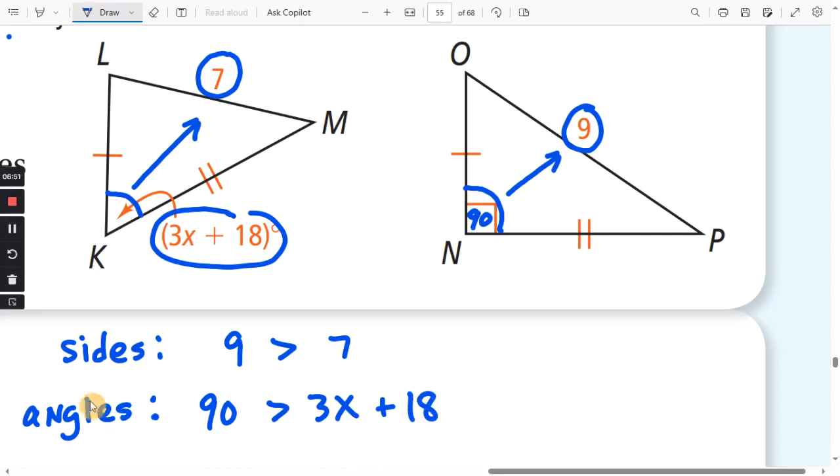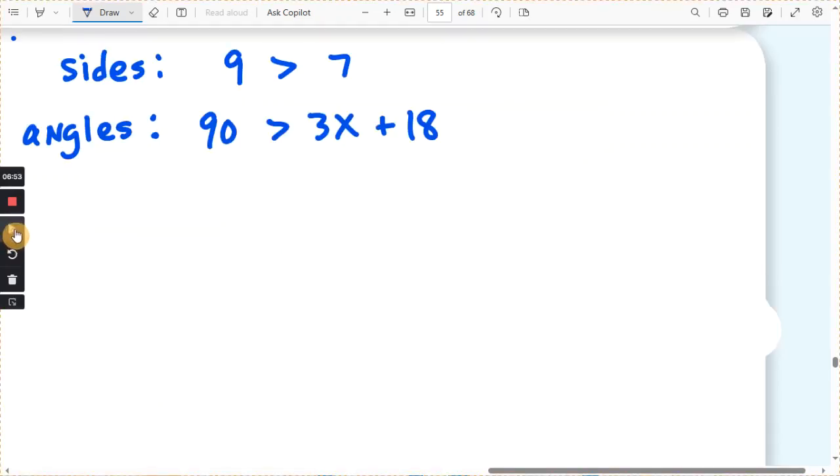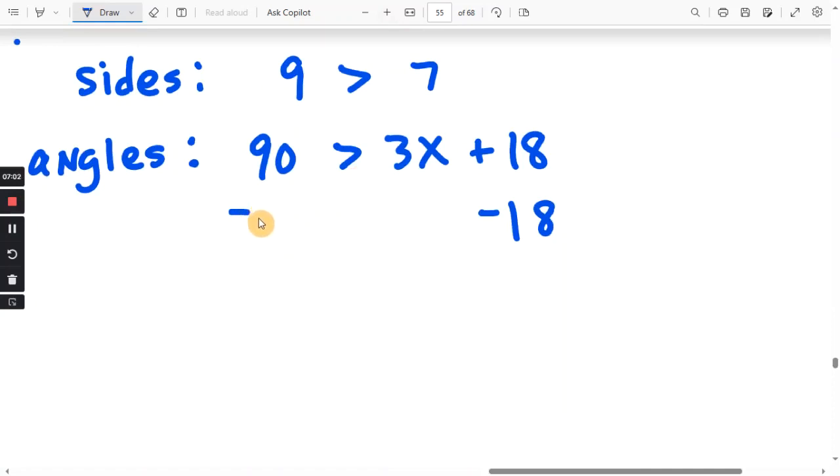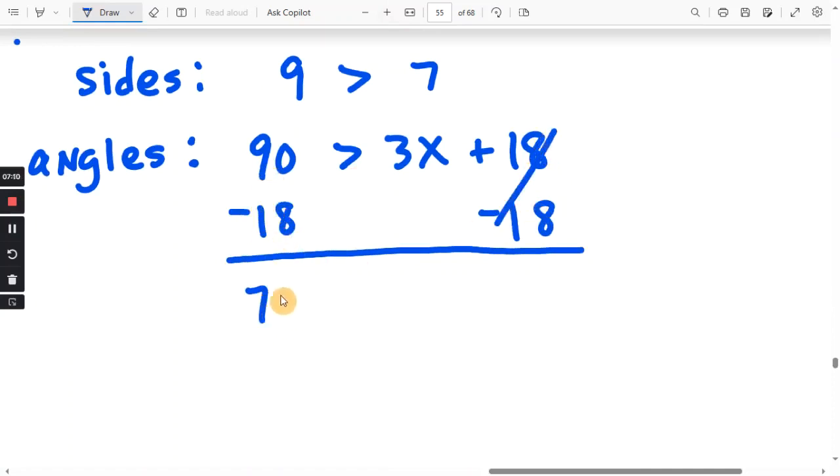All right, we're going to solve it just like before. Solving for x, the opposite of plus 18 is minus 18. You do that to both sides. Cancels here. 90 minus 18 is 72.